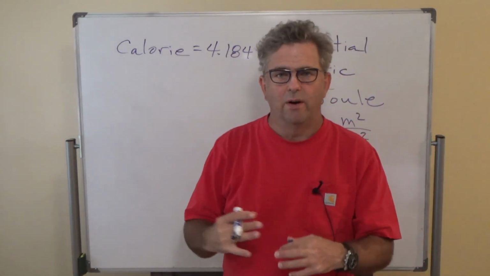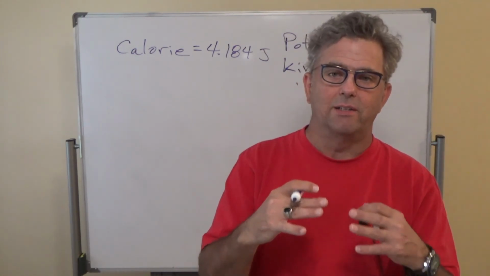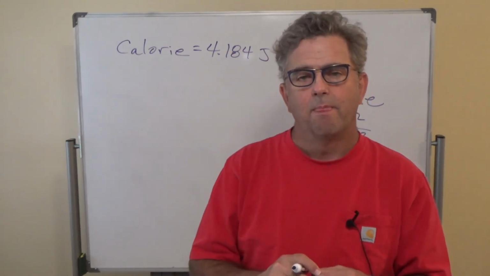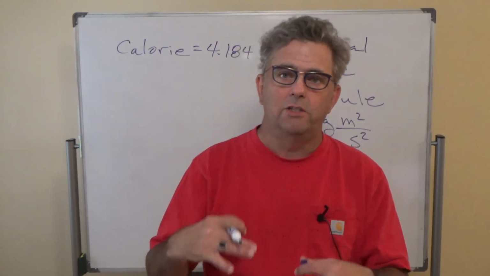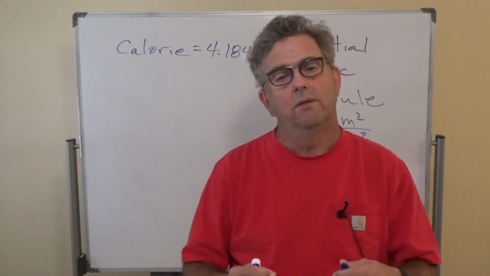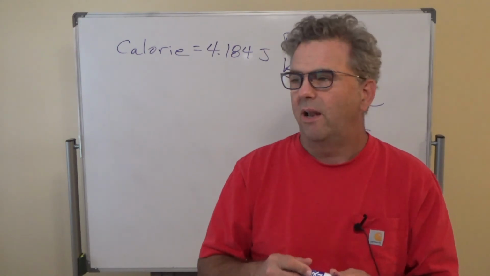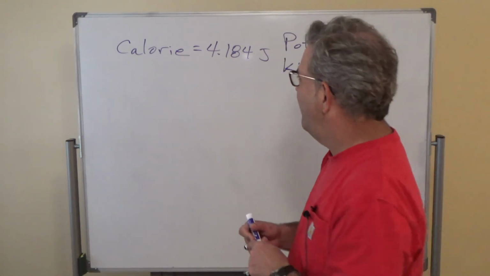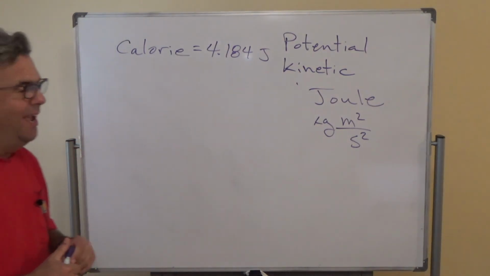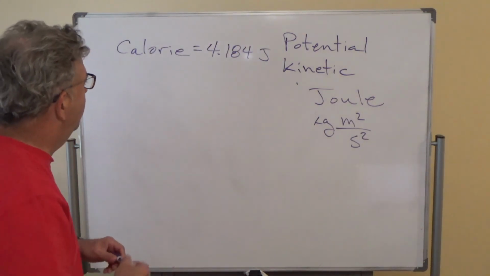When you look at food and you look at the energy they claim is available in a candy bar or something like that, and they say, well, it's 100 calories or it's 500 calories, or you should get 1,200 calories per day according to the US government or something like that, okay? That's actually a kilocalorie. So when you're looking at food calories, those are kilocalories, okay?